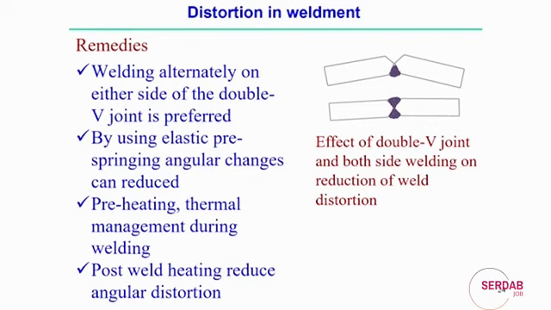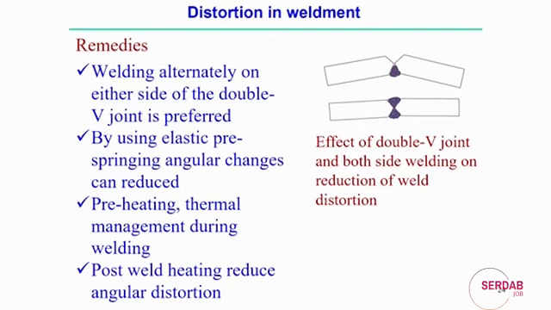In this case, if a similar weld pool volume can be placed on both sides of the plate, then it will neutralize, or reduce, the amount of the angular distortion, and it is very obvious from this figure.